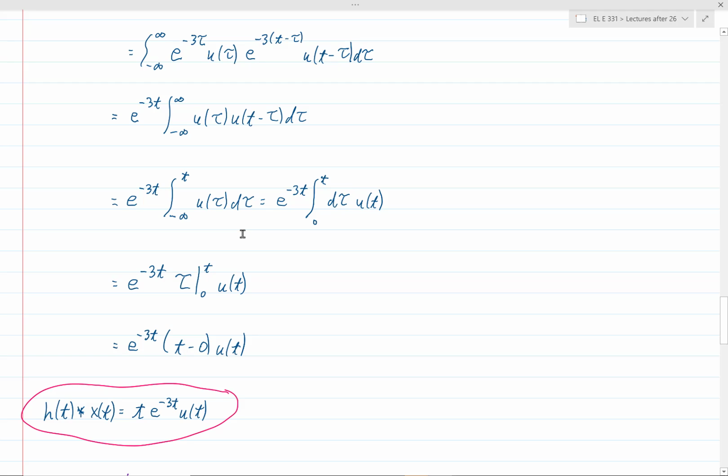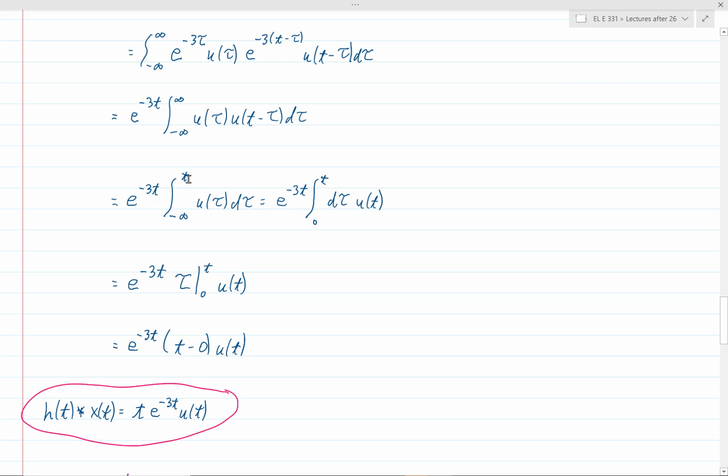And you might remember we've done some problems like this, but I think the easiest way to reason it is the following. Tau is now going from negative infinity to t. So think about it like this. If t is some negative number, then this is never going to turn on, because u is non-zero only if its argument is greater than 0.